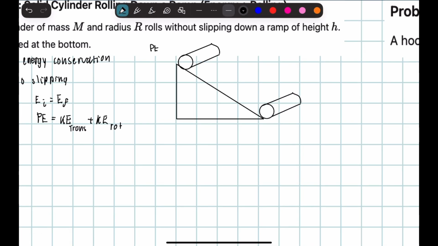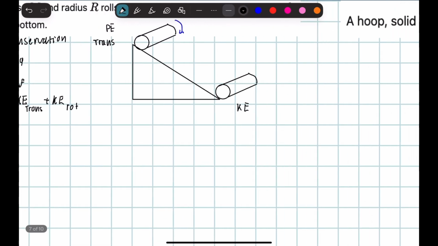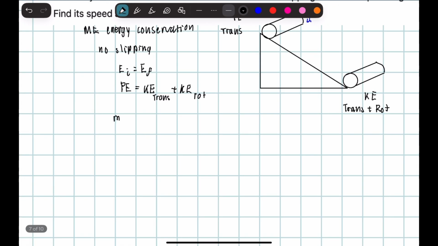Up here you only have potential energy, and down here you have kinetic energy. Up here it is all potential, but when it rolls, some of it goes into rotation, so down at the bottom it becomes translational plus rotational.